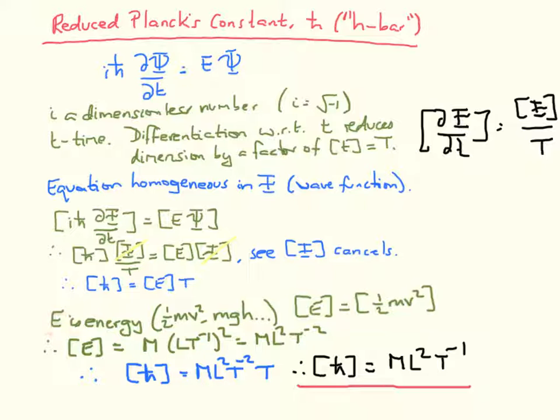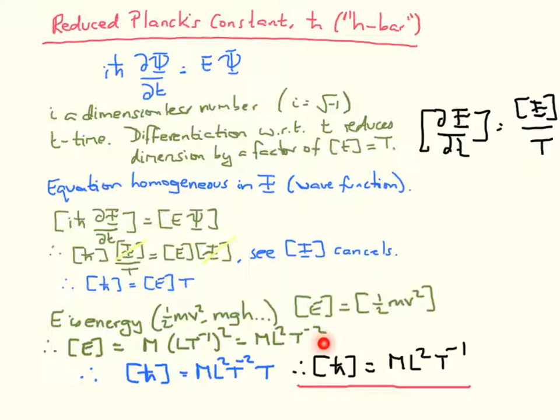E is energy. We know various expressions for energy, such as a half mv squared or mgh, and from any of these expressions we see the dimensions of energy. Let's look at this one, the dimensions of a half mv squared. A half is just a geometric number. m has dimensions of mass, and v has dimensions of L t to the minus 1. v is the speed, and when you square it, you're going to get L squared, and then t to the minus 2.